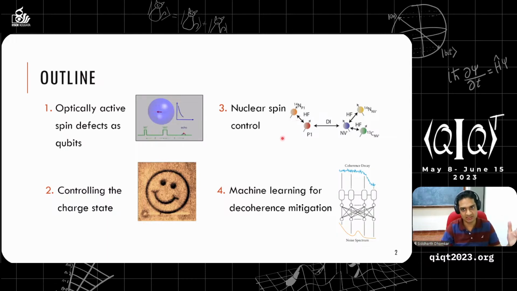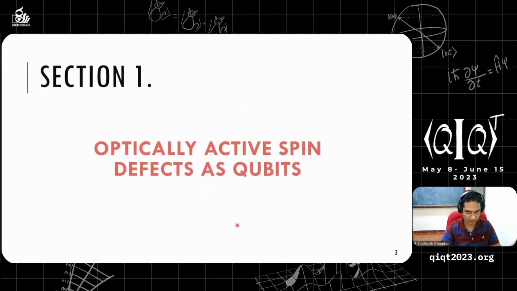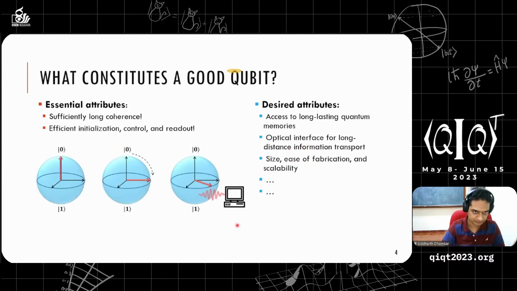Then the third thing is nuclear spin control, because all these electron spins are generally coupled with nuclear spins. So that's another thing that is very essential. And the last portion is something that I have started dealing with in the last couple of years, how we can use machine learning to mitigate decoherence. Okay, so let me start with section 1.